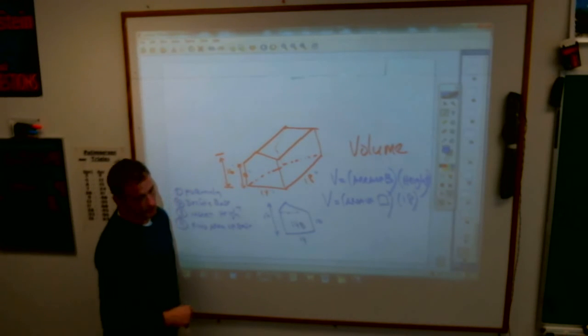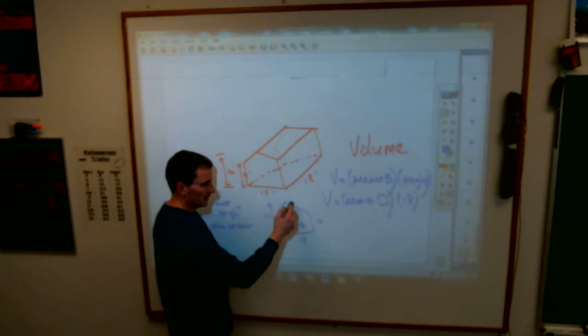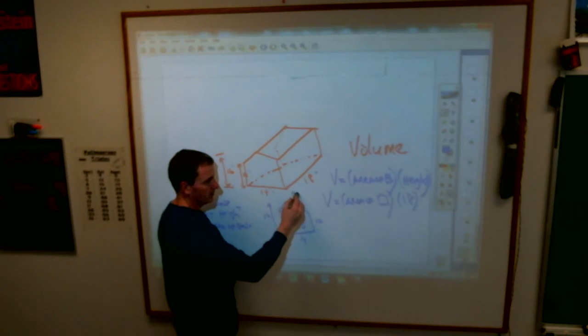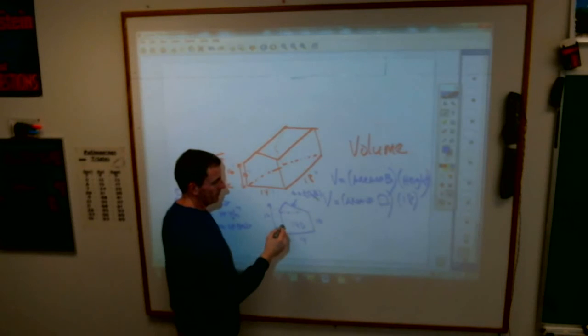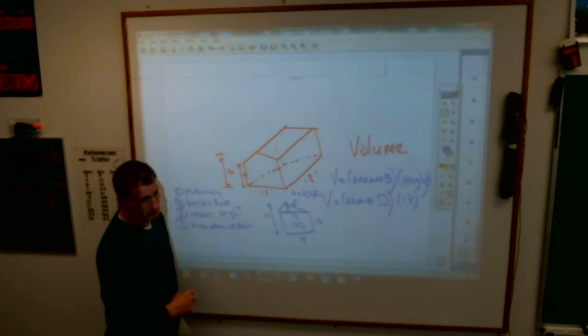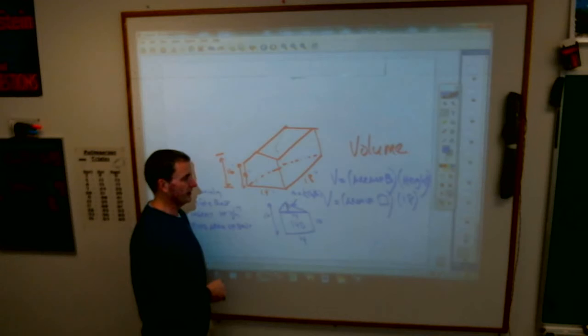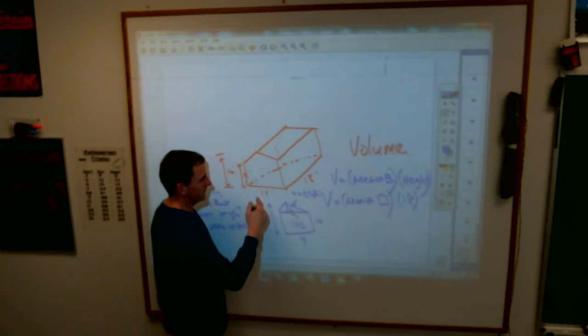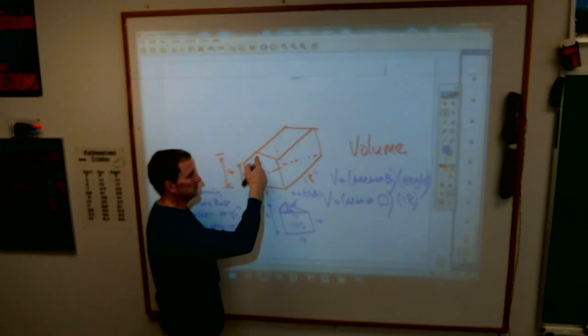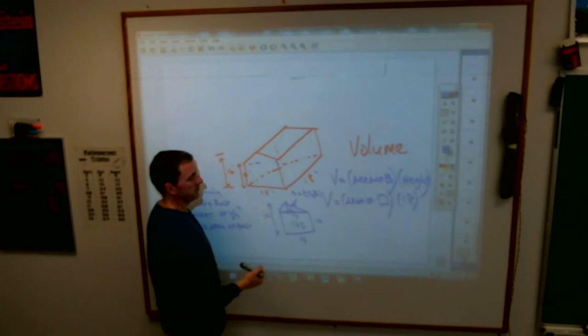And then I have to find the area of the triangle. The area of a triangle is 1/2 base times height. Well, I know my base is this right here, which is 14, but what's my height? 6. I just subtract this little part, 16 minus the 10 from up there.